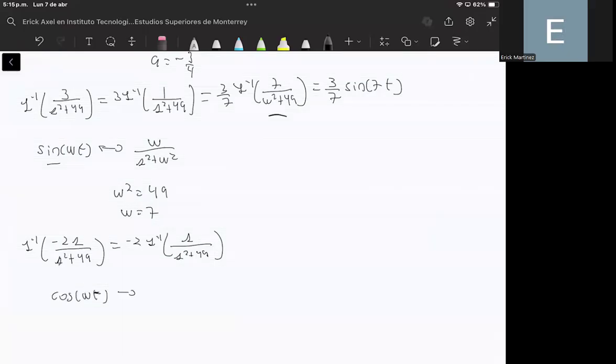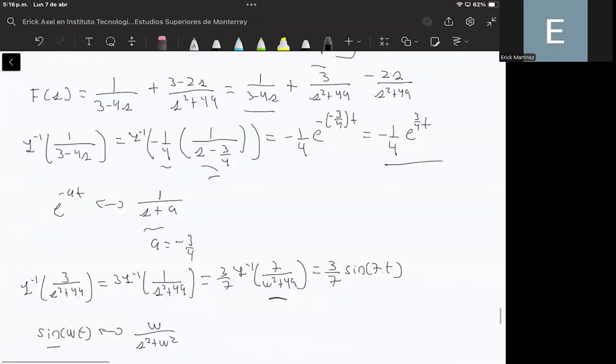So the Laplace transform of a cosine is s divided by s squared plus omega squared. And if we compare this omega squared with this 49, we can say that omega should be equal to 7. So we can compute directly the inverse Laplace transform as minus 2 times the cosine of 7 times t. Okay? And well, this is the result of this part.